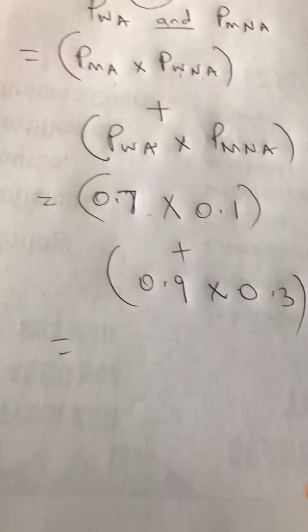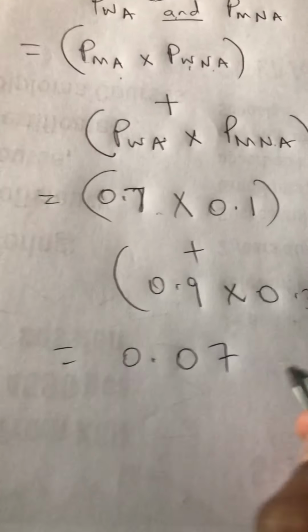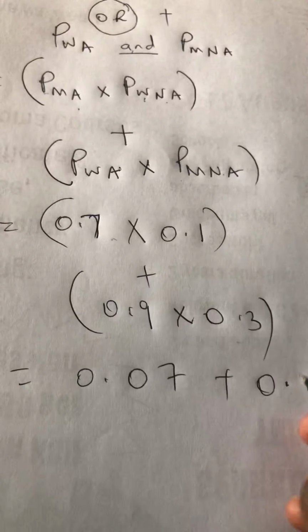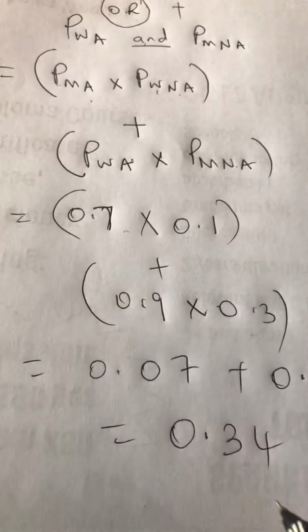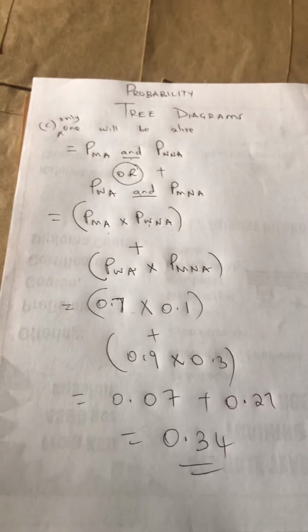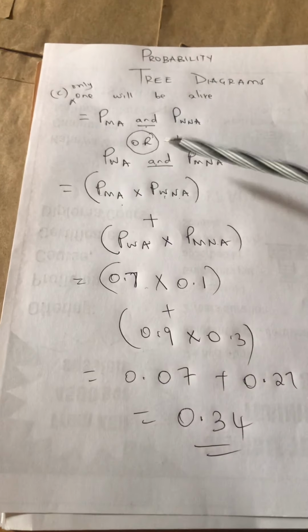So 0.7 times 0.1 is 0.07 plus 0.9 times 0.3 is 0.27. When you add this, you get 0.34. So 0.34 is the probability that in 25 years' time, only one will be alive.